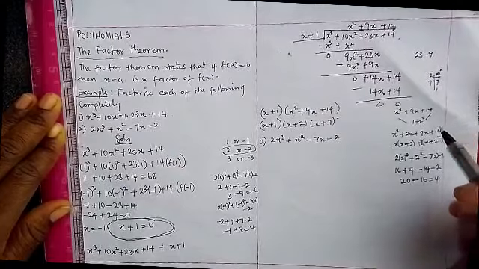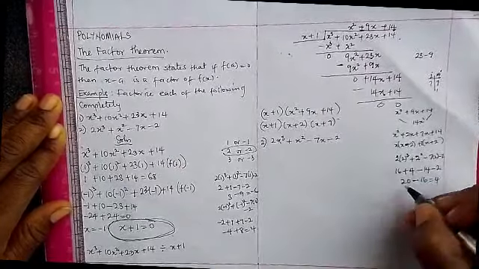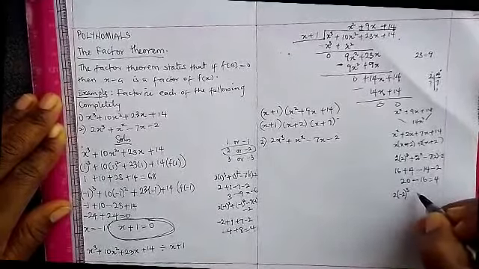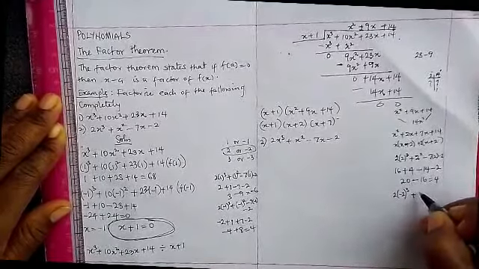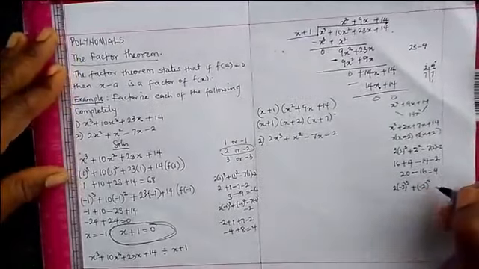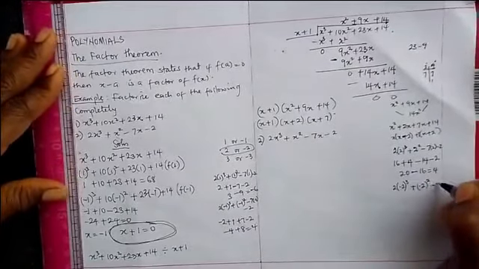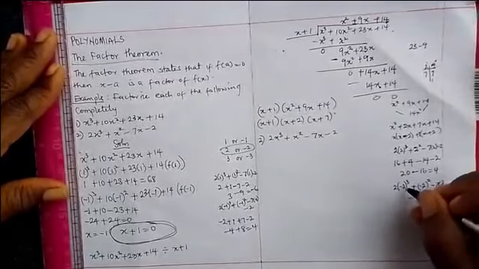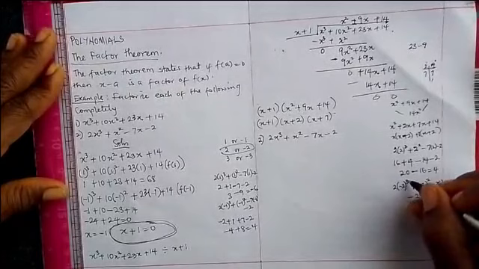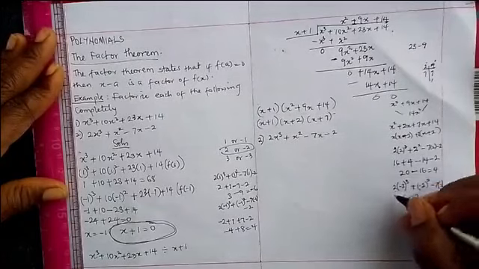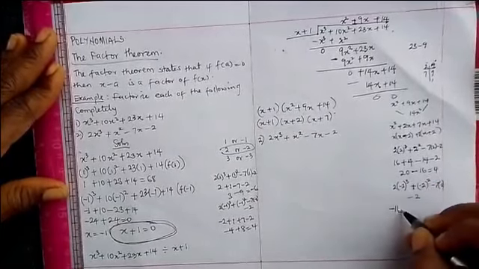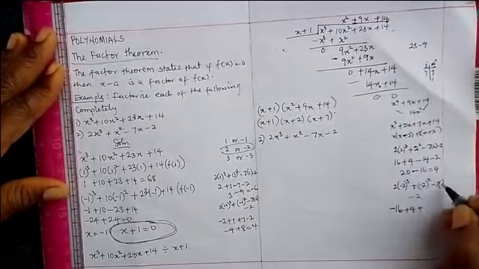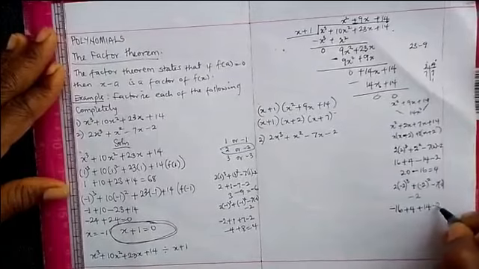So this is negative 2 now. 2 times minus 2 raised to the power of 3 plus minus 2 all squared minus 7 times minus 2, and then minus 2. So this is minus 8 times 2, that's minus 16, plus 4 plus 14 minus 2.